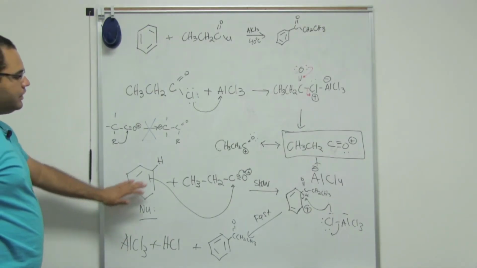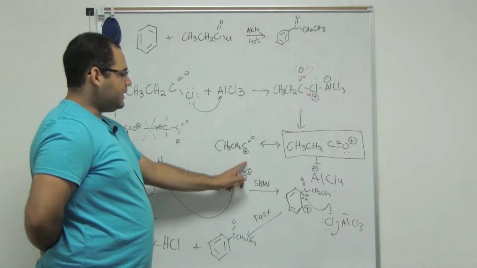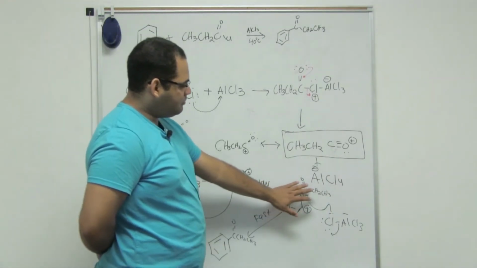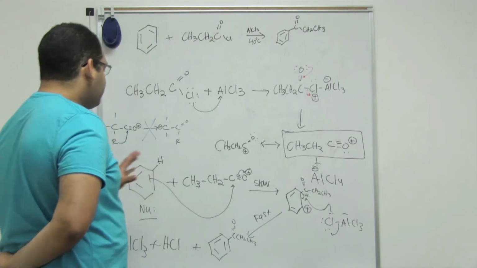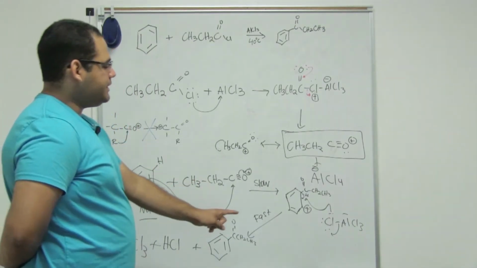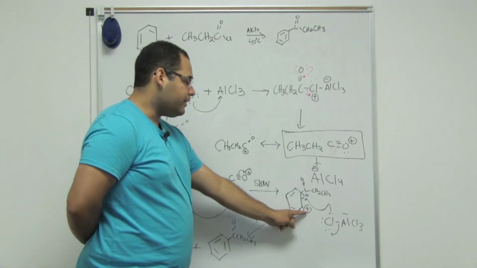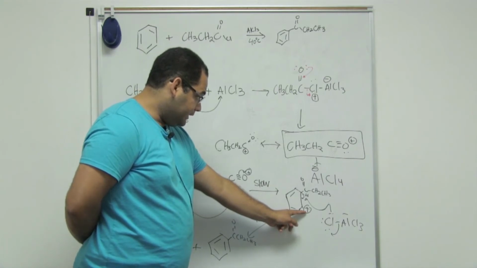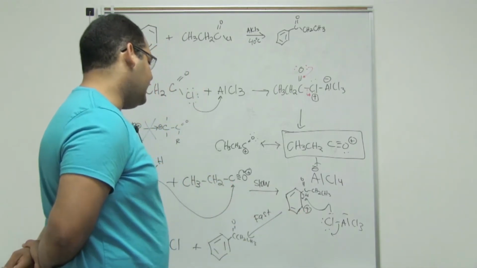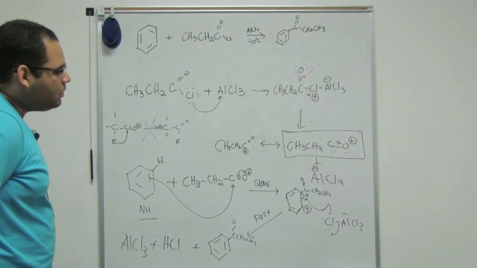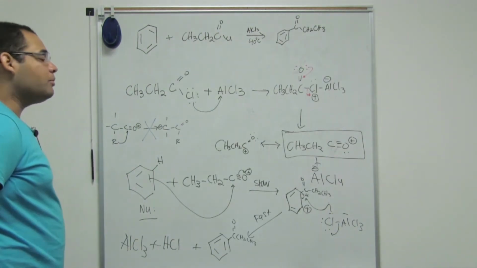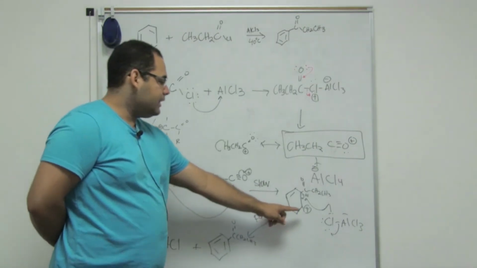Our nucleophile comes in on our electrophile, does the attack, adding the electrophile to the benzene ring. However, when it does that, it breaks the aromaticity, ending up in this carbocation here, which is an allylic carbocation, a hexadienyl carbocation, which is more stable than a normal carbocation.